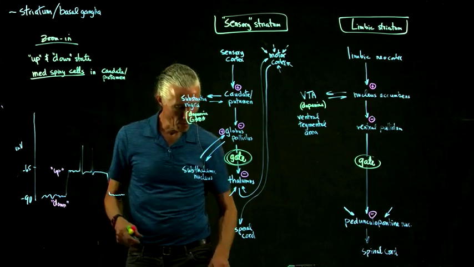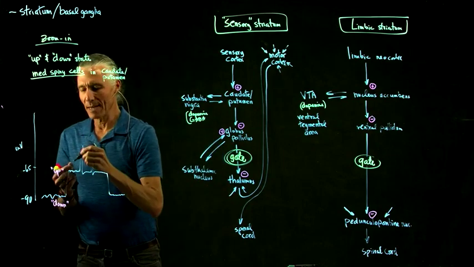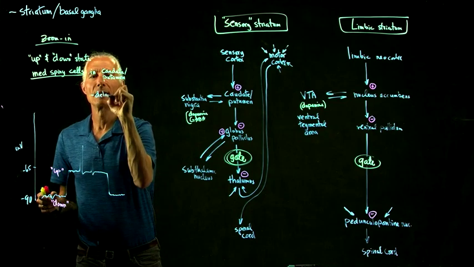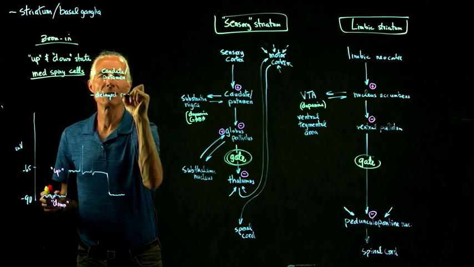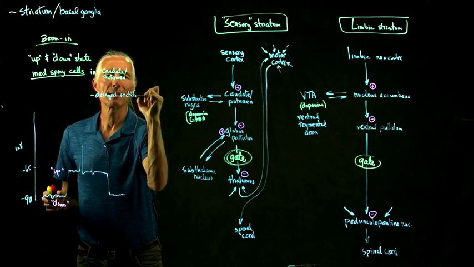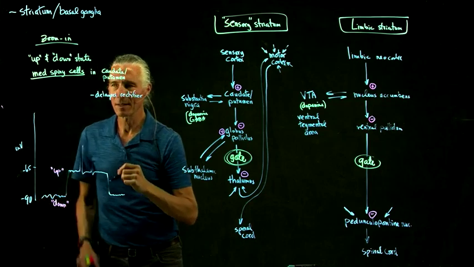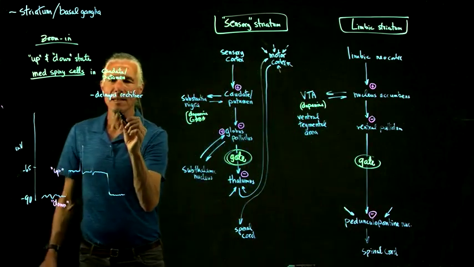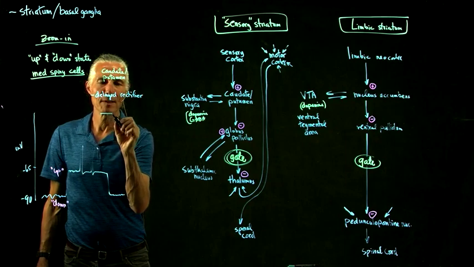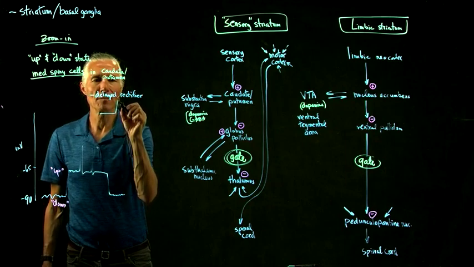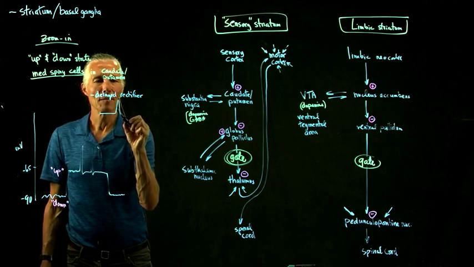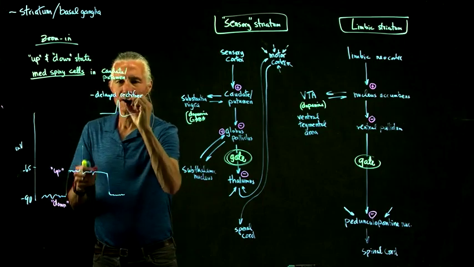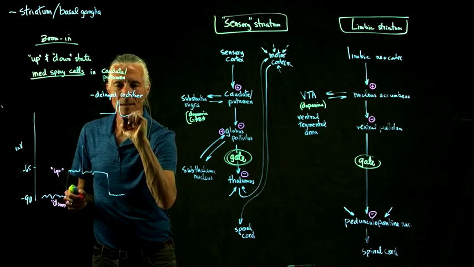If we remember when we talked about the delayed rectifier, that was the potassium current, and rectifier means put everything right. The idea was, here we're at minus 70, the spike goes up, that's the sodium current, and then you get some delayed rectifier. The delayed rectifier helps shut the spike down.